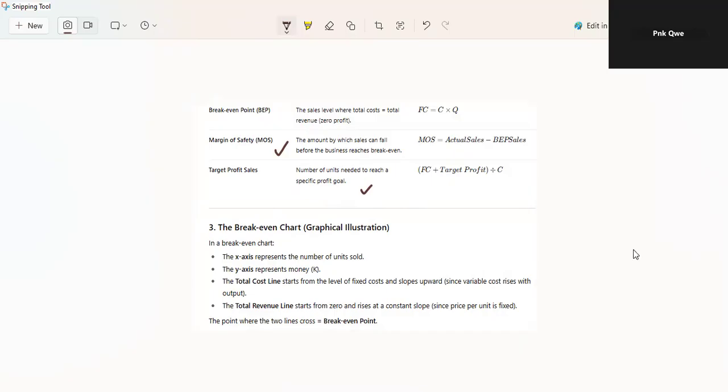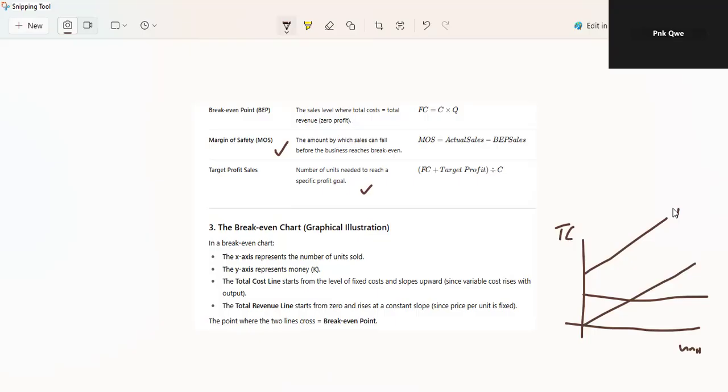And the graphical illustration is: we have units here and we have our total costs here. Our fixed costs are fixed here. Our variable costs vary. When we combine these two, we have our total costs. Total costs will start from here.